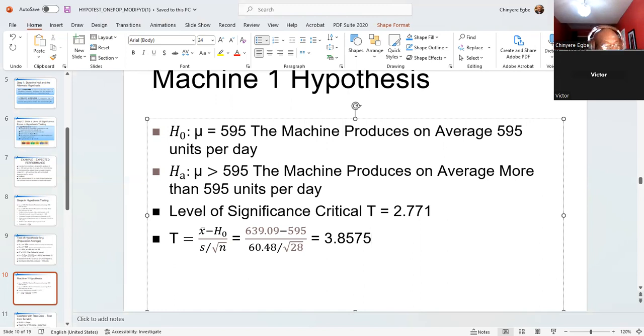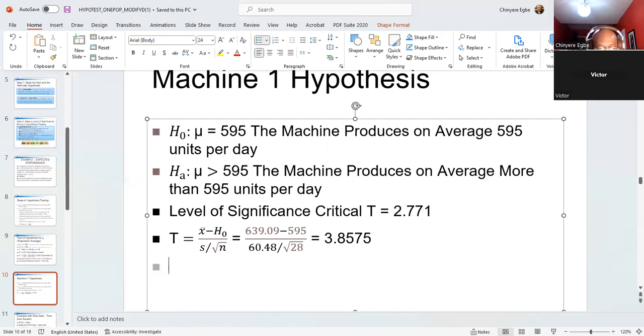Verify. Okay, 3.8575. So you're correct.